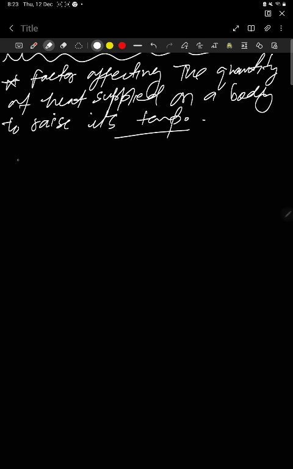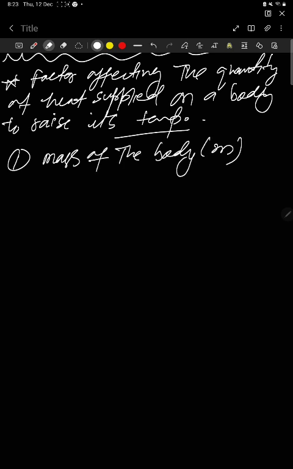So first factor is the mass of the body. Now how is it going to depend on the mass of the body? Suppose I am giving you one example.